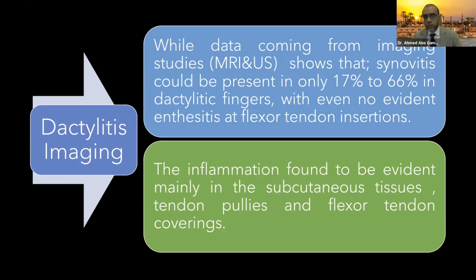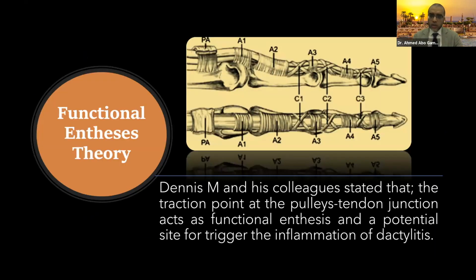The only fixed component seen according to this data is inflammation of the tendon pulleys and the flexor tendon covering. This is always the finding seen on imaging, ultrasound, and MRI. And this is also supported by Dennis McGonagle, who postulated something called the functional enthesis theory.